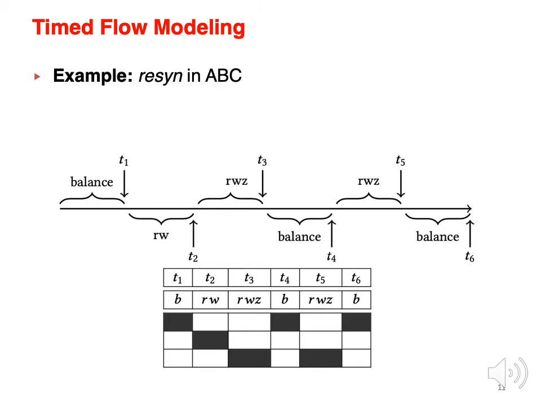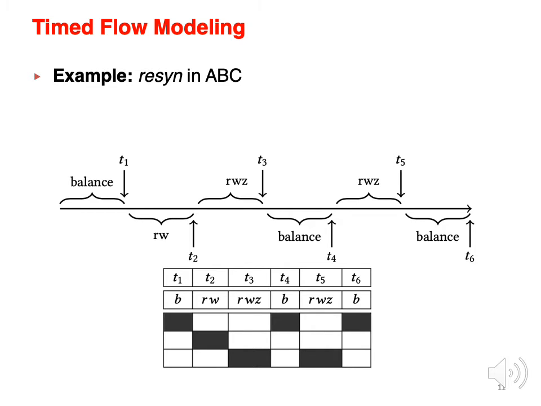For each transformation at a certain time step, we can use a very simple one-hot encoding to encode the transformation at each time step. For example, here we can use 100 since we only have 3 different transformations to represent balance, and 010 to represent rewriting. So we can see that this model naturally represents the sequential decision process of synthesis flows.